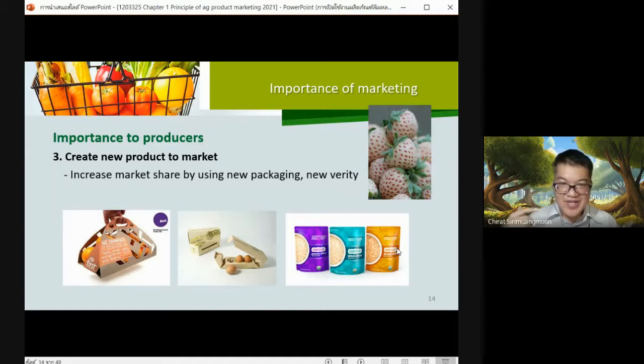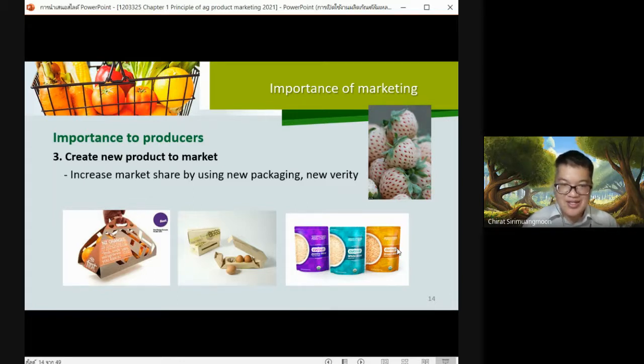But think about the world changing. Marketing is concerned with the environment, so they would change from the plastic bag to a paper bag like this one. So they create something new.